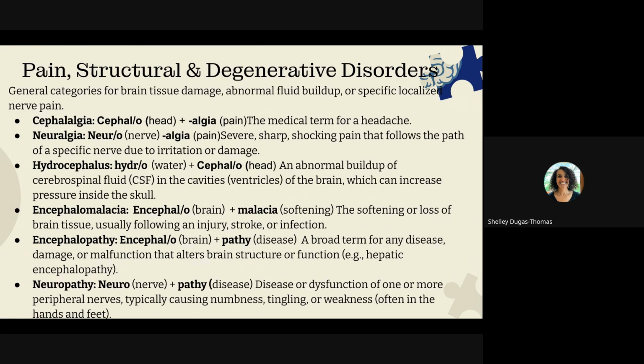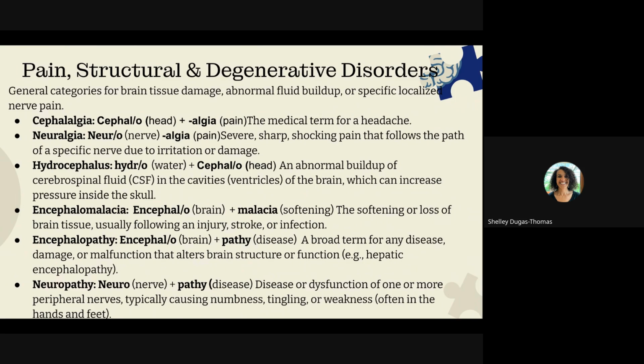Let's look at pain and structural degradation suffixes. Algia means pain. So you add cephalo, head, and it is a headache. Neuralgia is a sharp nerve pain. If we add cephalus, you have hydrocephalus. Hydro, meaning water, is literal buildup of fluid in the ventricles of the brain.